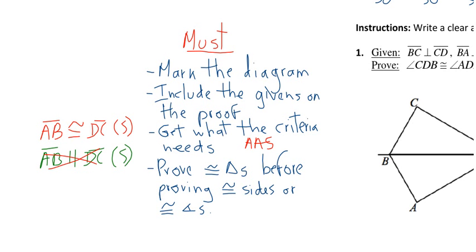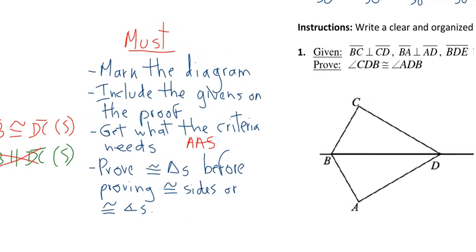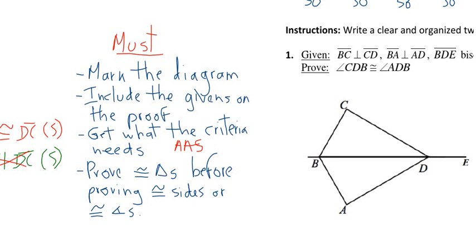And the next thing, you must prove that you have congruent triangles before proving congruent sides or congruent angles, such as in our proof number 1, where our final objective is to prove that those 2 angles are congruent. So before we do this, you need to prove that you have 2 congruent triangles.